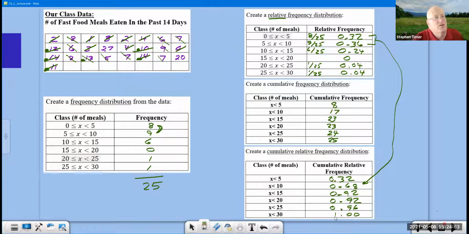Now this is a little bit tedious, and we're not going to be doing this a whole lot because we do have software that will do these types of charts for us. But what I want you to really understand is the difference between the names of these categories. When it asks for a frequency, you have a physical count.